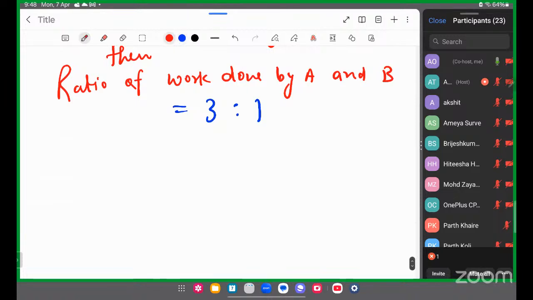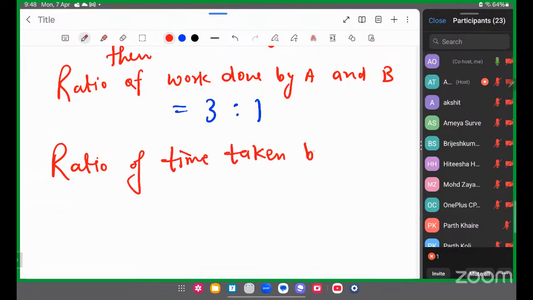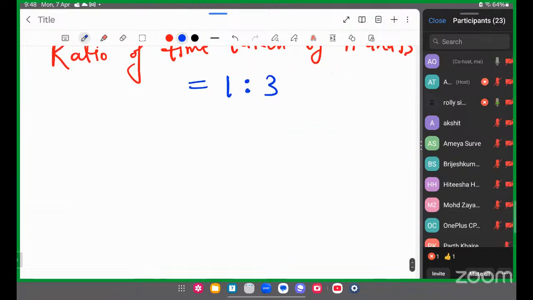And if you are looking for the time, the ratio of time taken by A and B to complete the work, because A is more efficient, so obviously it will take fewer days. In that case, this will be 1:3. Are you getting it or any doubt? No doubt, sir.